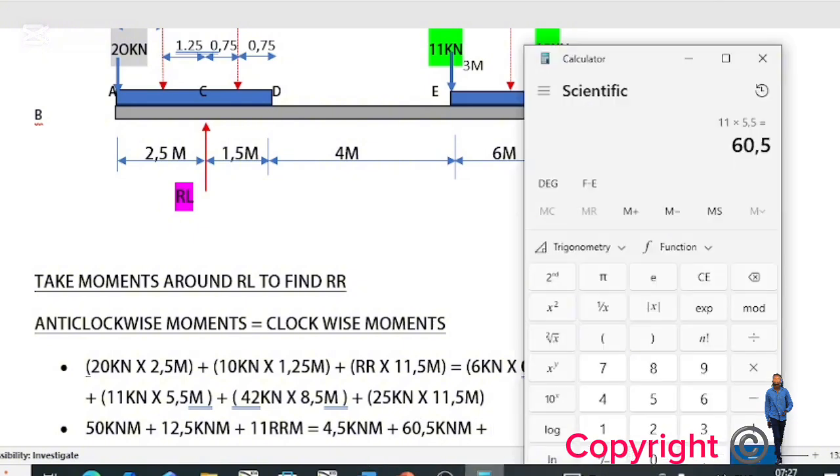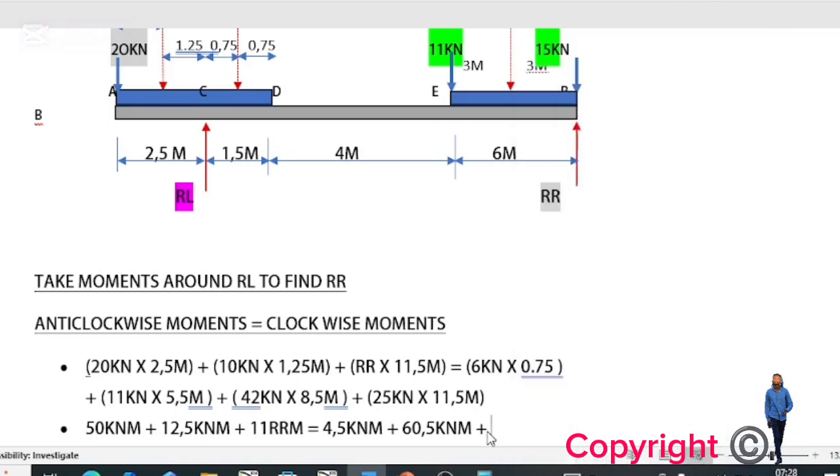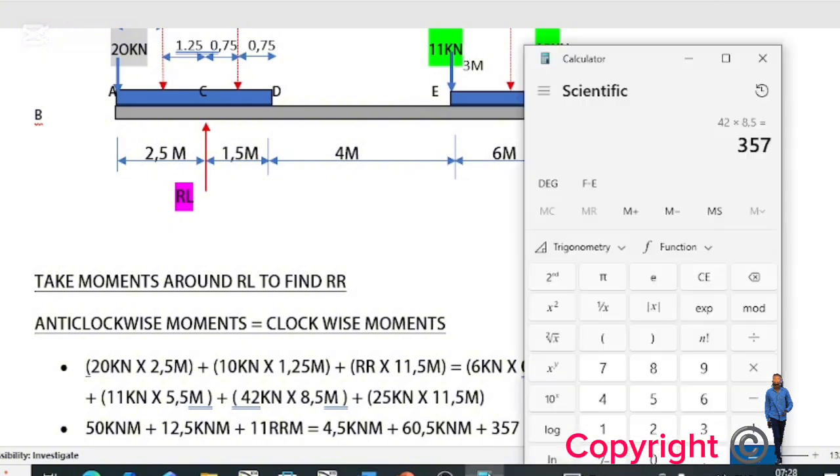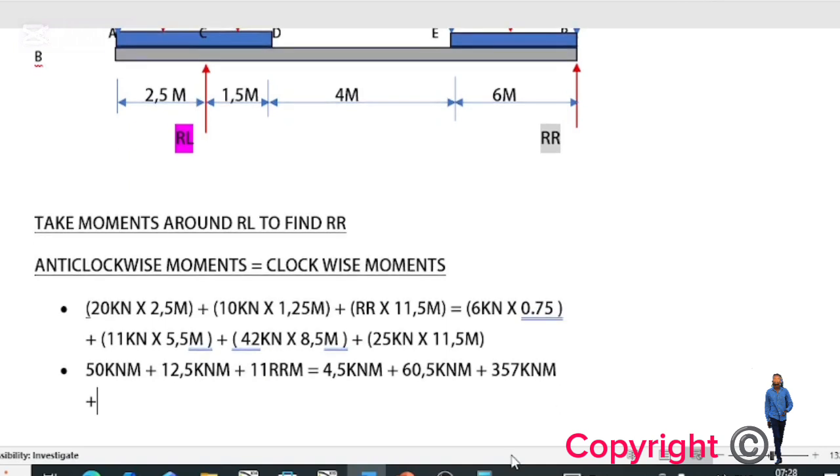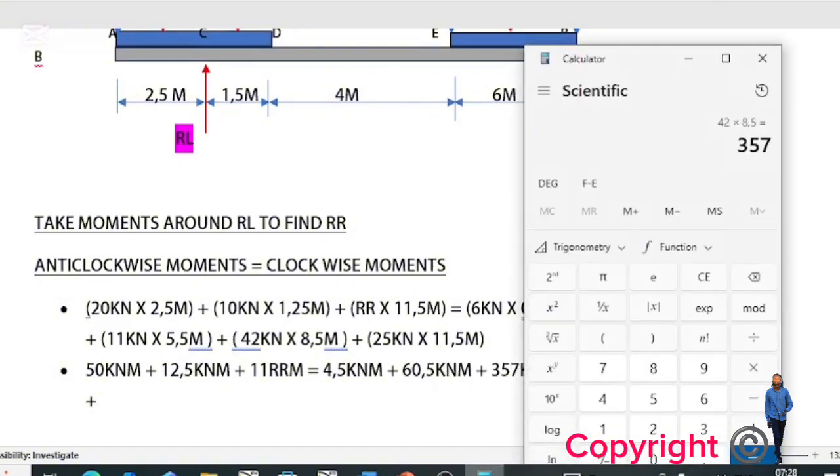Then we have 42 multiplied by 8,5, which equals 357 kilonewton meter. 357 is 42 multiplied by 8,5.